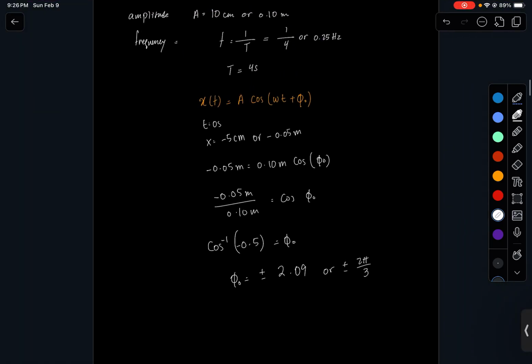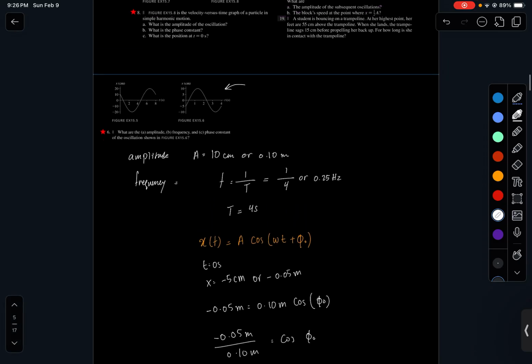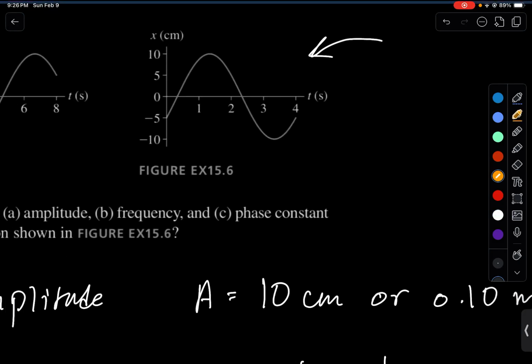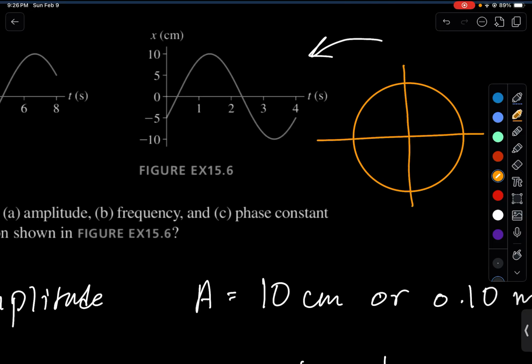Let's look at our graph to find out whether it's going to be positive or negative 2 pi over 3. Let me draw the reference circle. Here is minus pi over 2, our equilibrium.